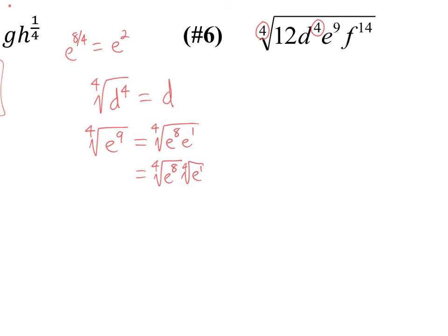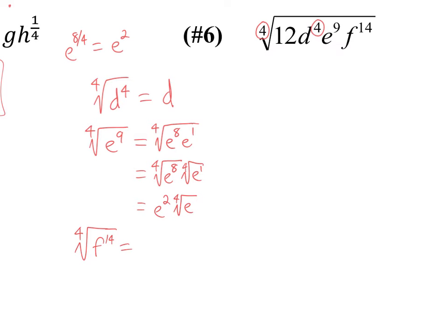So that's how you find perfects with variables. You want to find the biggest number that's divisible by the root, basically, okay? So the way this would simplify would be e squared times the fourth root of e. Okay, let's do f now. We have the fourth root of f to the 14th.